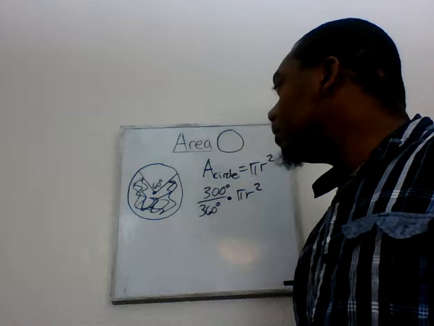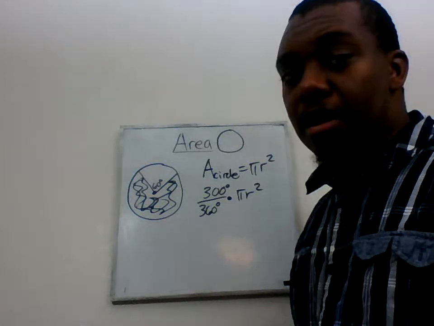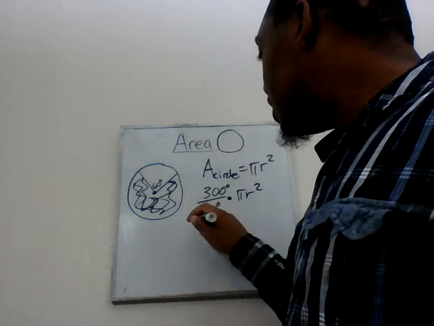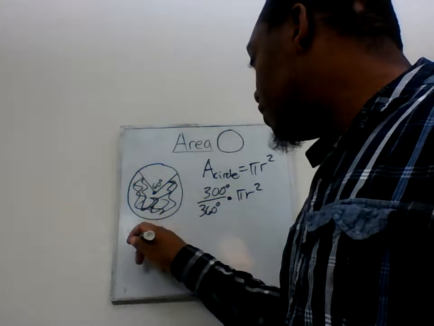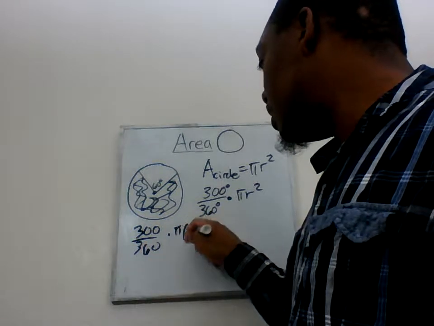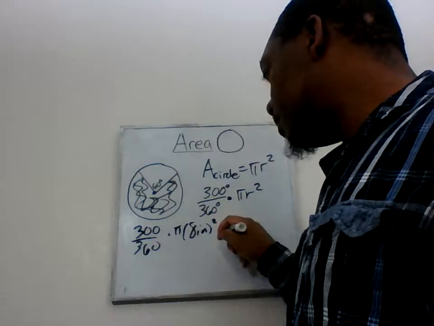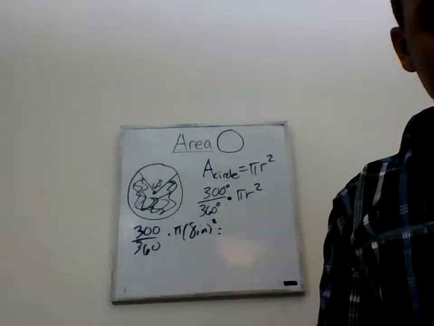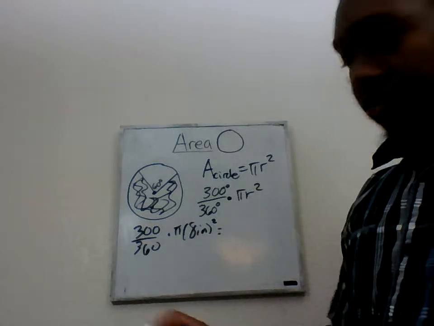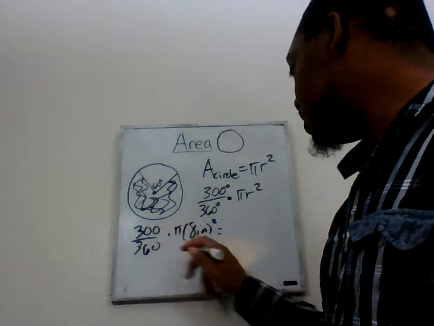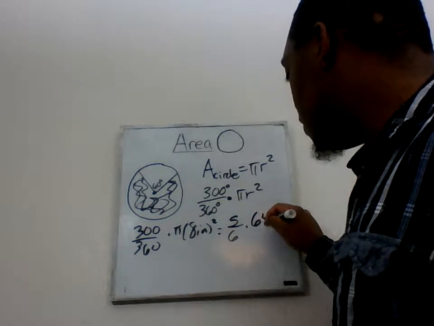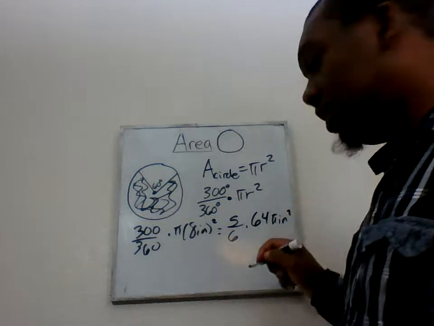Well, let's see. A normal pizza has a radius of about 8 inches. So we'll say the radius is 8 inches. And so in doing so, we end up with 300 out of 360 times pi, 8 inches squared. And when we do this, this fraction reduces down to 5/6. So we get 5/6 times 64 pi square inches.